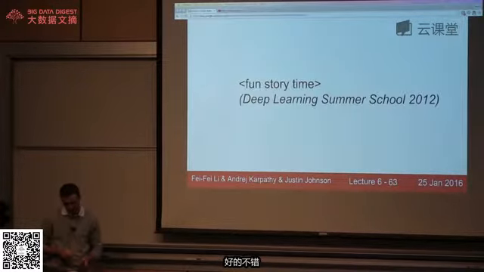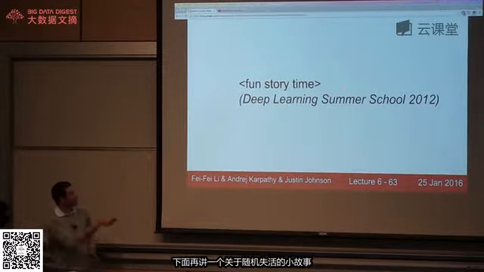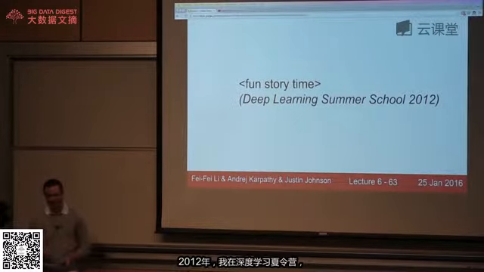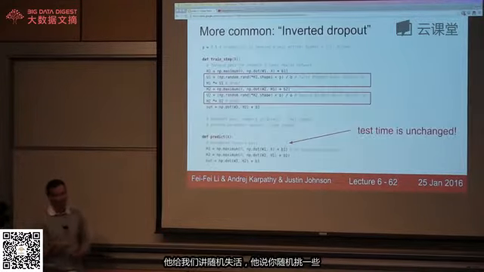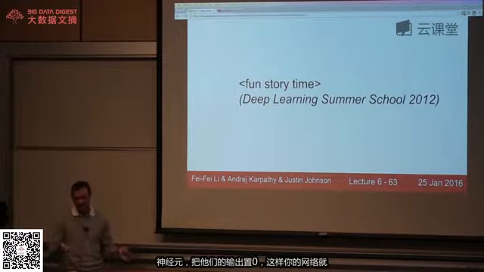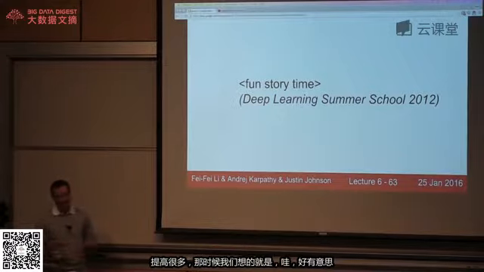Okay, great. This is a placeholder slide to tell you a fun story about dropout. I was in a deep learning summer school in 2012, and Geoff Hinton was, for the first time, or at least the first time I saw it, presenting dropout. He's basically saying, set your neurons to 0 at random, and at test time, just boost the activations. And this always works better. We're like, wow, that's interesting.